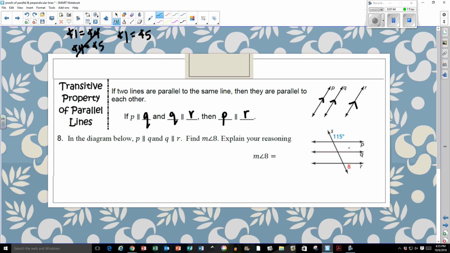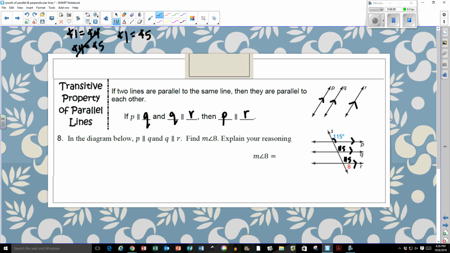So for example, if P is parallel to Q, and Q is parallel to R, then if this angle right here is 115, then this one's 115, and this one is 115. So that means that 115 and 8 are supplementary angles.